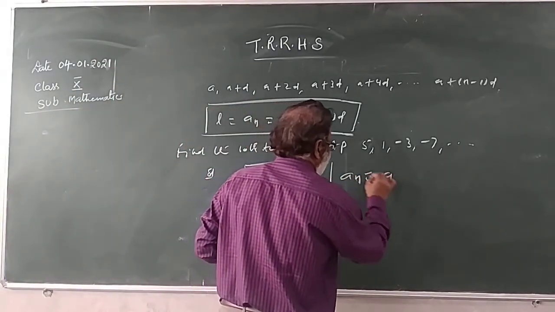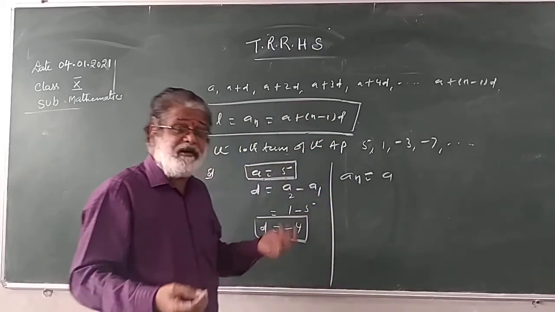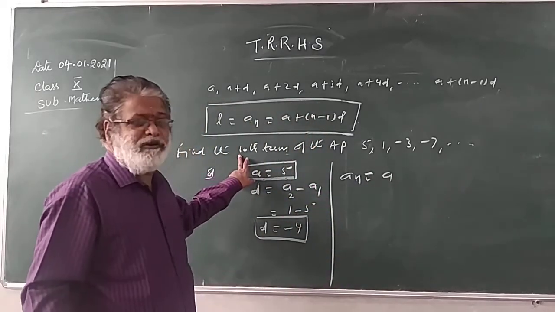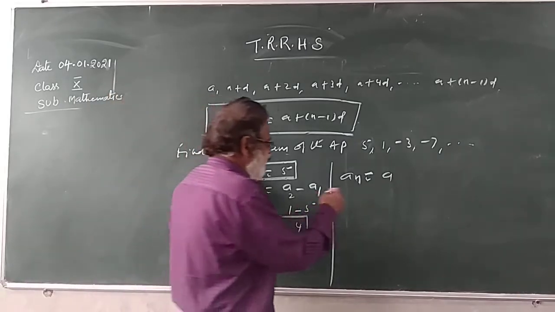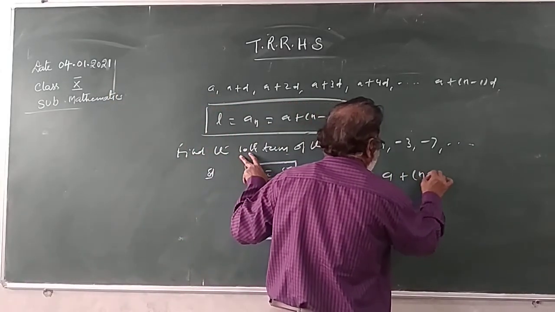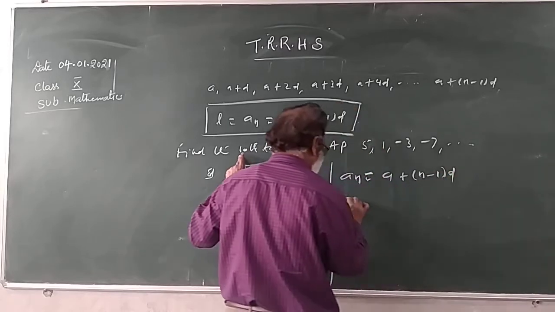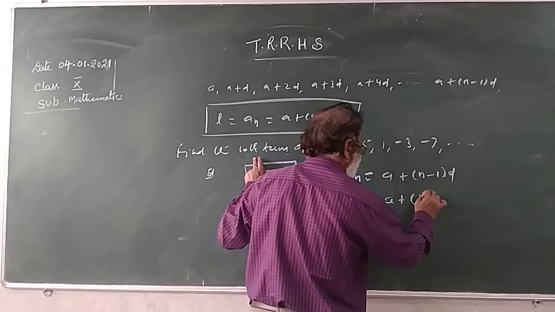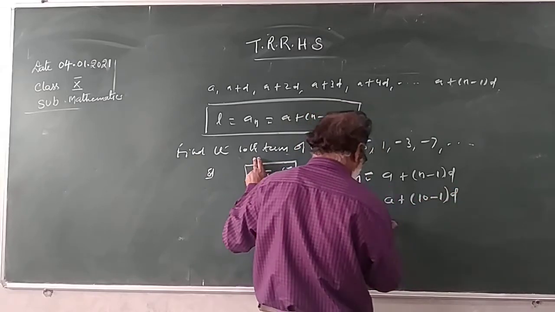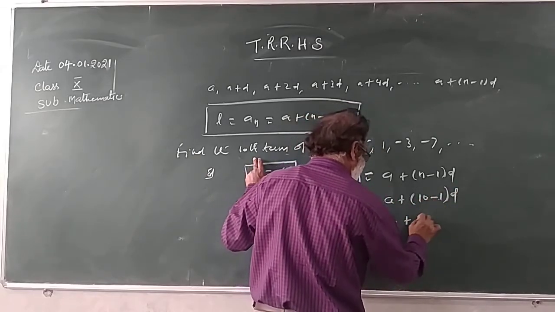An is equal to A plus n minus 1 into D. We want A10, so put n equal to 10. A plus 10 minus 1, that is 9D.